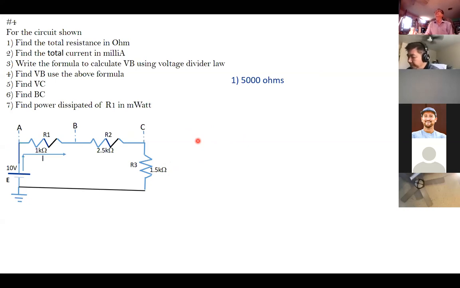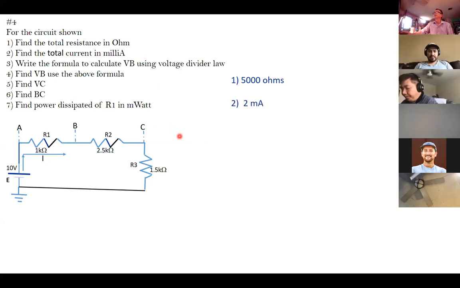Okay? Then find the current. You take the voltage divided by the total resistance, and they want it in milliamps. Two milliamps.